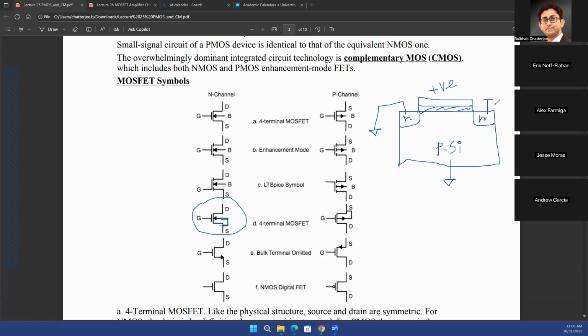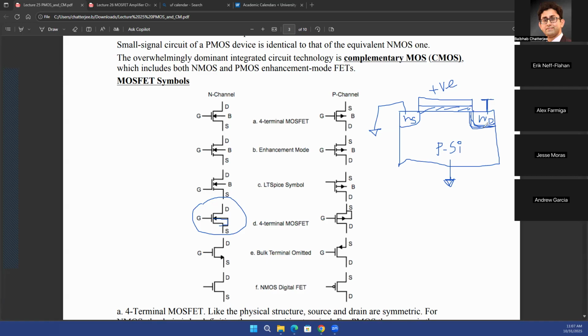On the other hand, the PN junction between drain and body is reverse biased, because you are applying a positive voltage at the n-type material and ground, a lower voltage, on the p-type material. If that junction is reverse biased, you will not see any PN junction behavior. There would be no current flow between the p-type and n-type material.